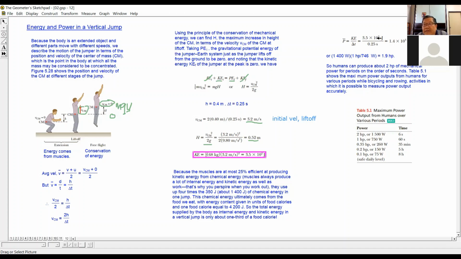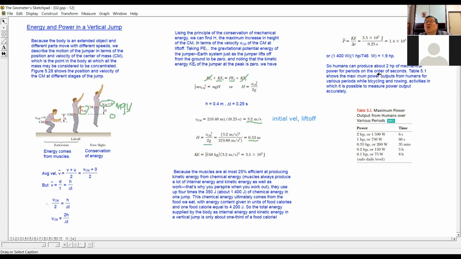So we use 350 divided by 0.25 seconds. So it's 1400 watt, and it is equivalent to 1.9 horsepower. So this is the useful power.